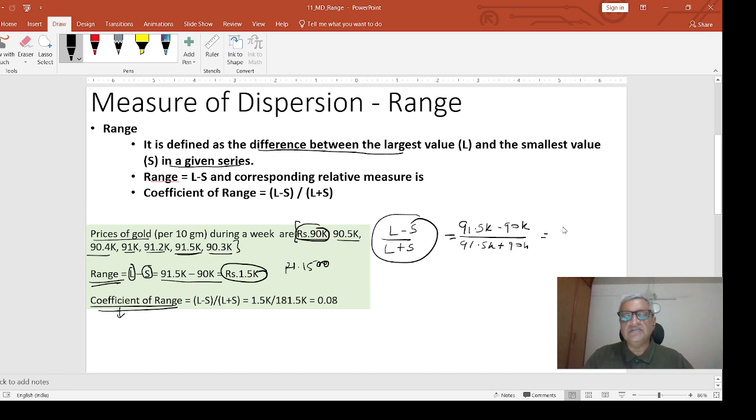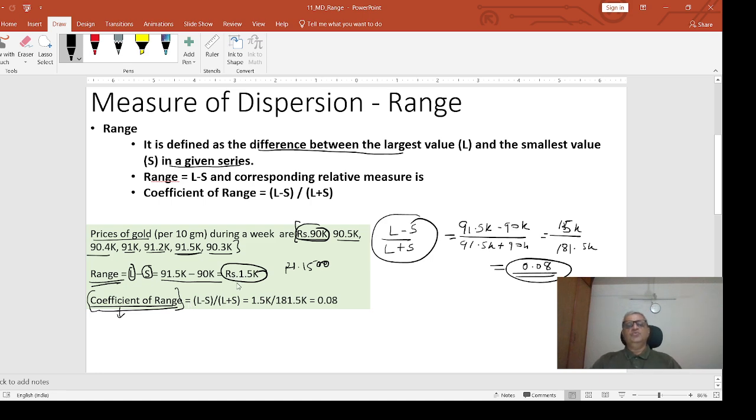So that is 1.5k divided by 181.5k. So that gives us approximately 0.0. So this is my coefficient of range, right?